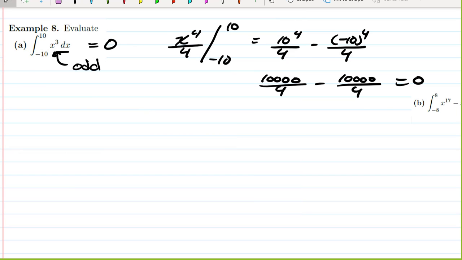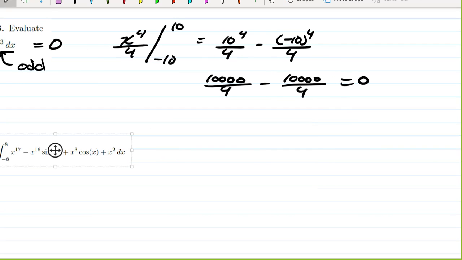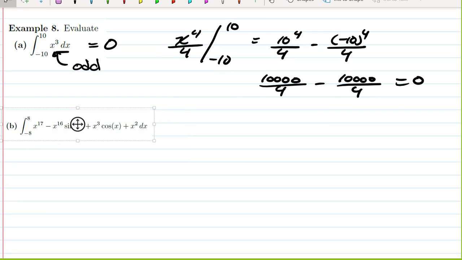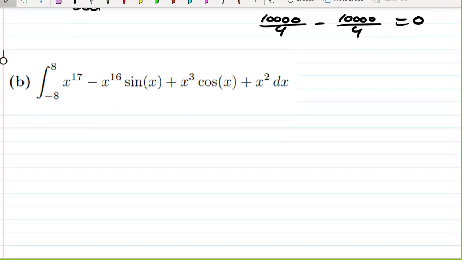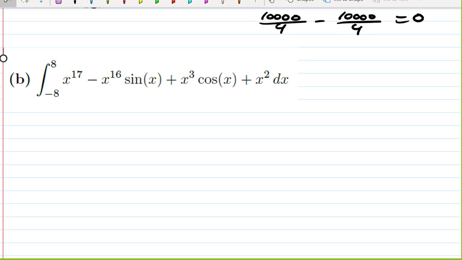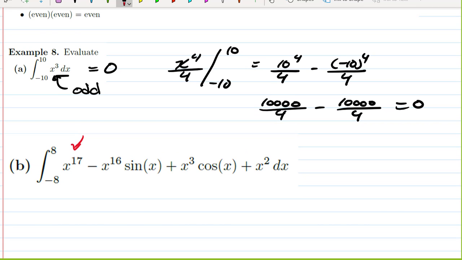So at first glance, if we had to find the antiderivative of this, that's going to be crazy because it's got a whole bunch of different parts to it. But we'll notice we have a symmetric interval from negative 8 to 8. This is odd. x to the 16th is even, but sine is odd, and an even times an odd gives an odd.